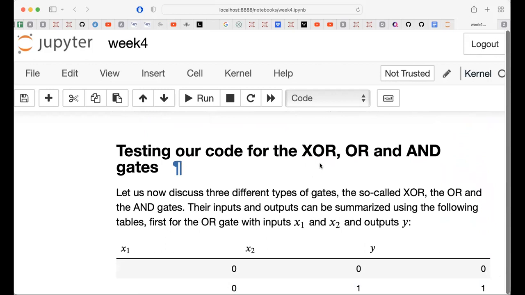One of these is the so-called XOR gate, the OR gate, and the AND gate. These are gates which have been used to demonstrate the universal approximation theorem, that if you have at least one hidden layer, you can reproduce data from an XOR gate, which you cannot do if you don't have a hidden layer. So we are coming back to that next week.